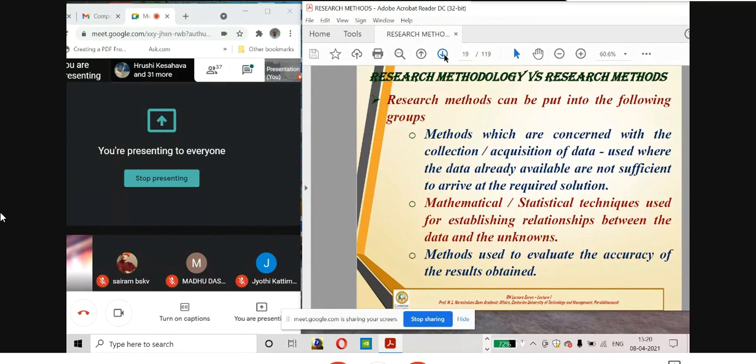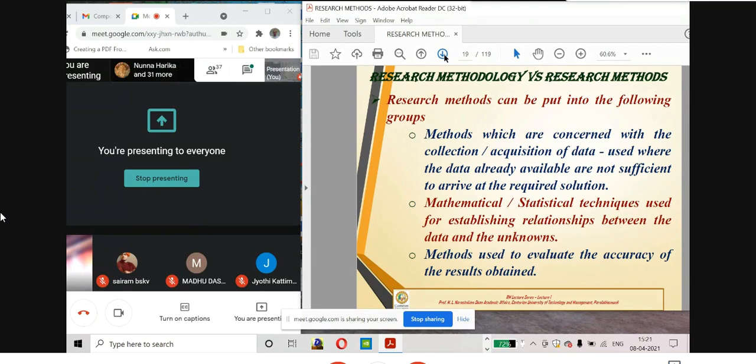When will they accept it, when will they agree with your findings, when you say that your findings are correct? So you have to give justification. That means you have to self-evaluate the accuracy of the result. So there are other methods by which you put your findings to test. That is the third one.